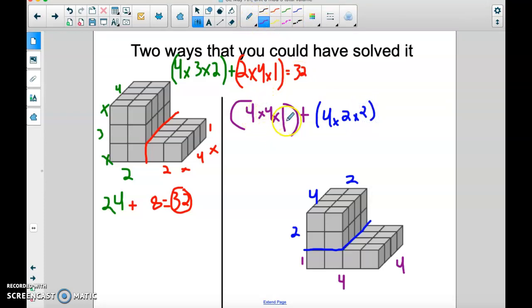So then 4 times 4 times 1 would be 16. 4 times 2 times 2 would be 16, which equals 32 again.